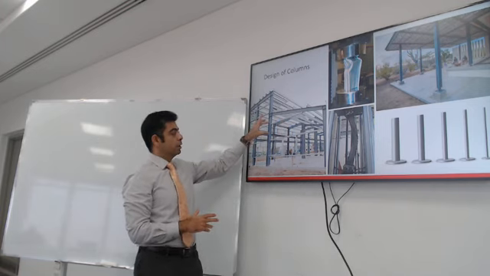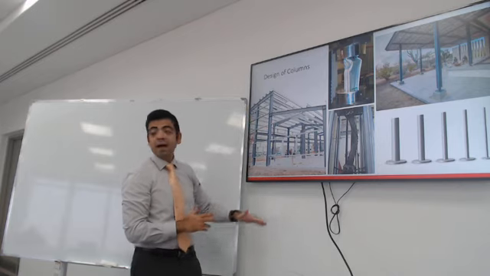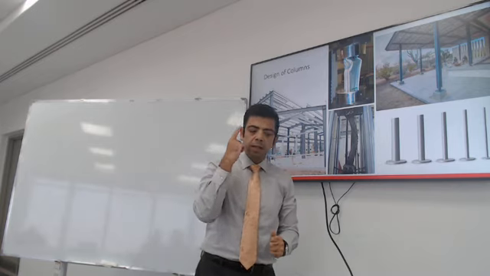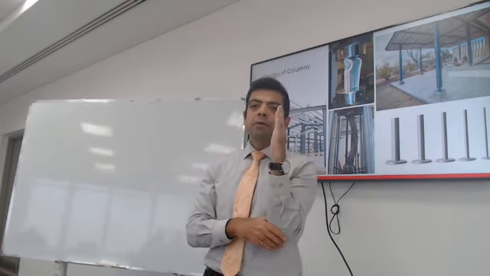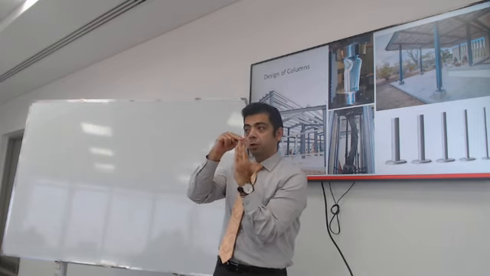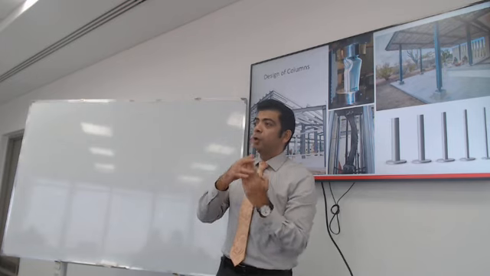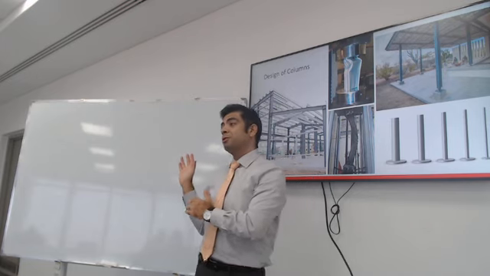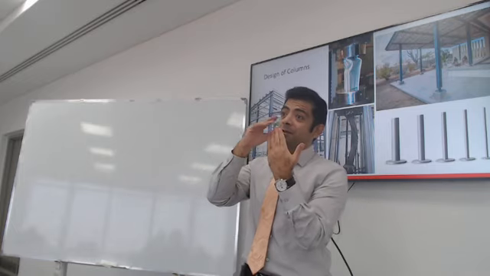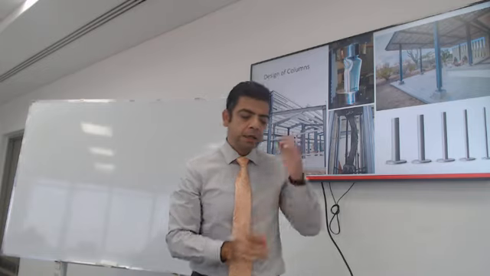The column will support them and will have bending out of plane. So think of it this way: when you're designing a column, is the column supporting just vertical load, or vertical load and horizontal load? If it's vertical load, follow the procedure we'll talk about today. If it's axial and bending, we'll talk about it next week. All right?